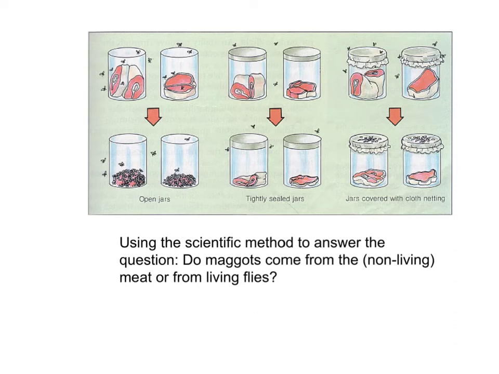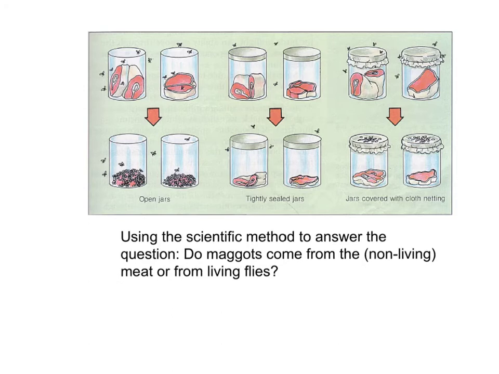Then we looked at a famous experiment which was carried out several years ago, which used the scientific method to answer the question, do maggots come from non-living things, in other words the meat, or do maggots come from living things, in other words, flies? I won't talk through this in detail, but the pictures are there for you to study.